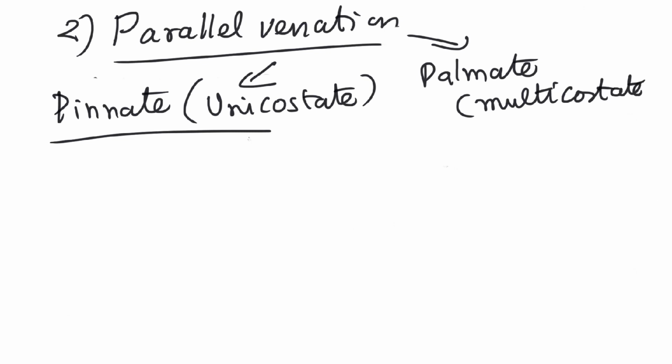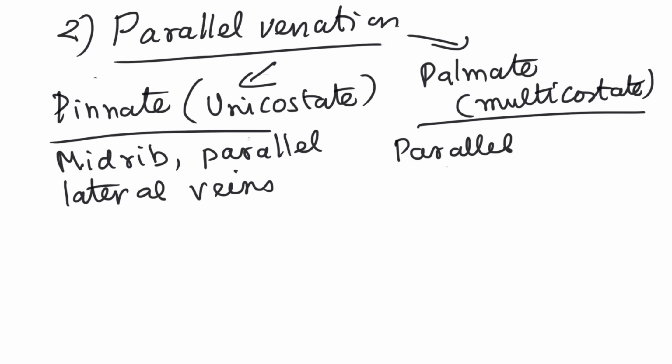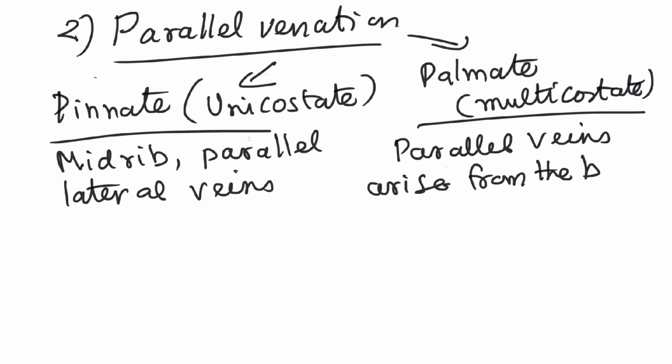So, interestingly, the subdivisions are in tune with the kind of development we discussed about reticulate, in the sense that the pinnate unicostate subdivision of parallel means that you have a midrib and the lateral veins are parallel, and in the case of palmate or multicostate, the parallel veins arise from the base. So that's a key point.